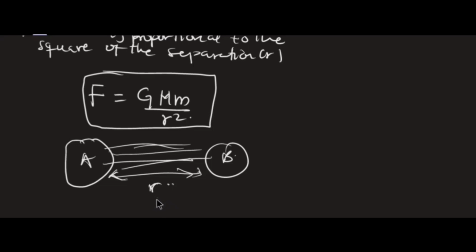Now, take note, that force of attraction is dependent on the product of their masses, meaning if the bodies are not huge enough, then that force of attraction wouldn't be significant. And that is why most bodies we see around, when they are placed side by side or considered as a pair, the force of attraction between them is very small because the masses of the bodies are too small for the attraction to be significant.